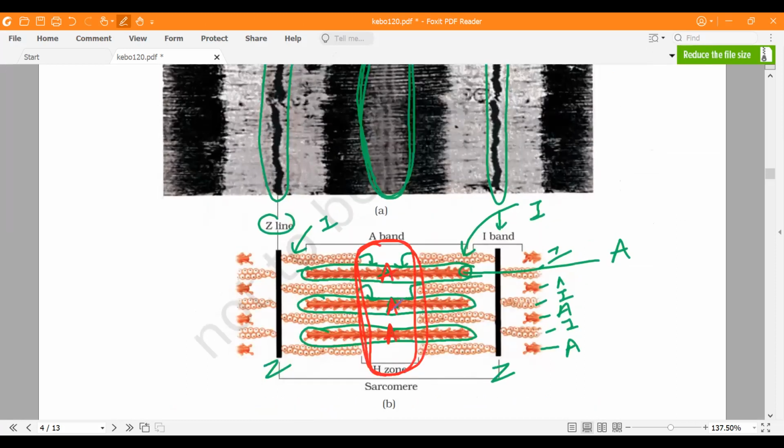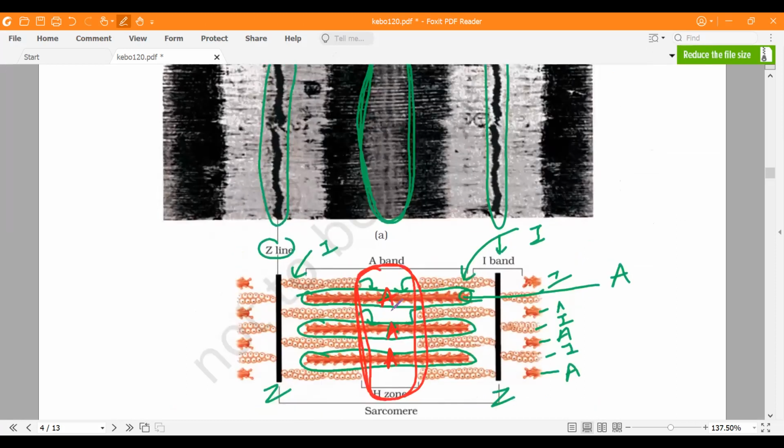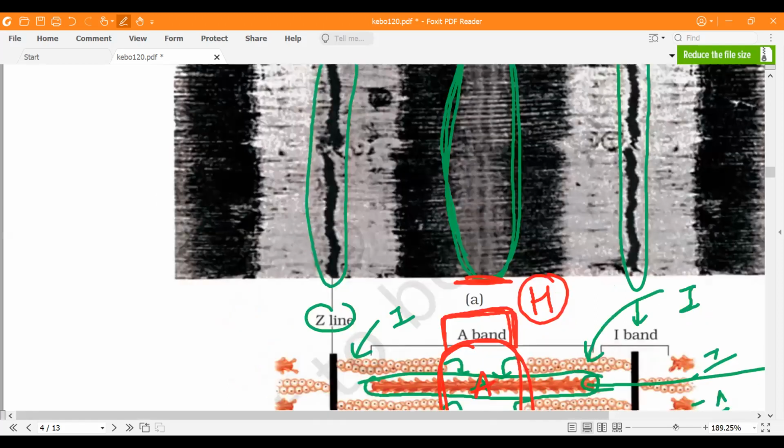If you see only this part, it is only dark band, there is no I band. So that part is termed as the H zone. Over here, this is the H zone. H stands for Hansen's line or Hansen's zone.